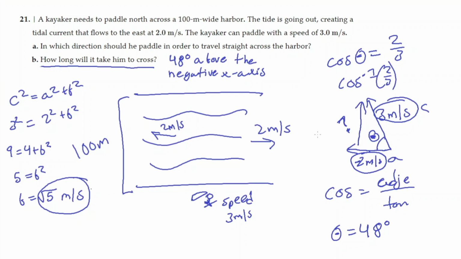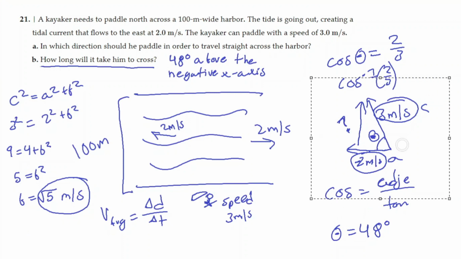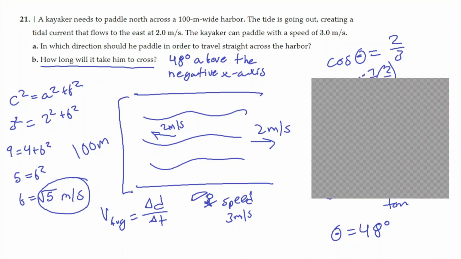Now we want to see how long it's going to take him to travel 100 meters if he moves at square root of 5 meters per second. So essentially, we could just use the average velocity equation again, delta d over delta t. Let's delete some of this stuff so that we can do it right here.